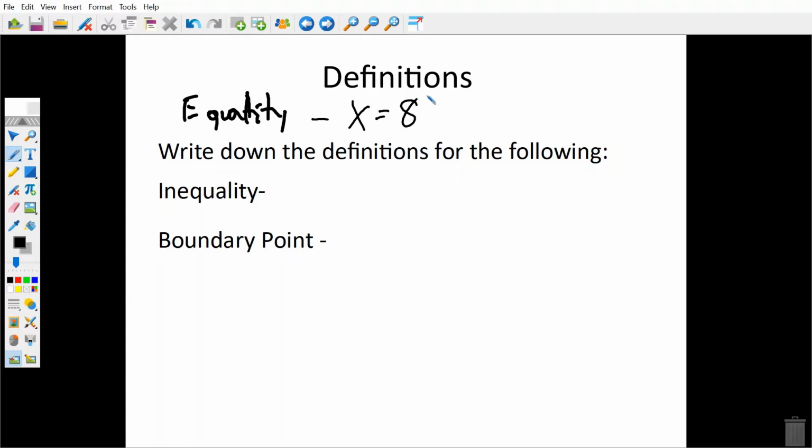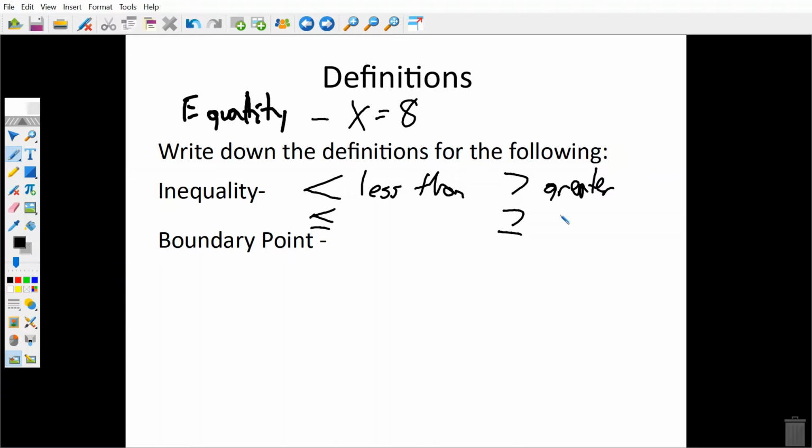An inequality just eliminates the equal sign, and we're going to be using phrases such as less than, greater than, or less than or equal to, or greater than or equal to.